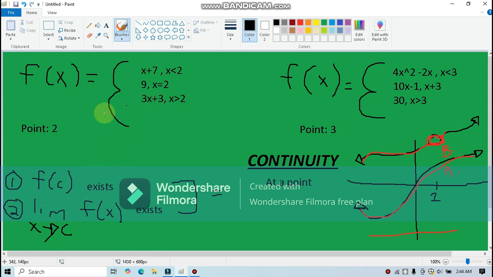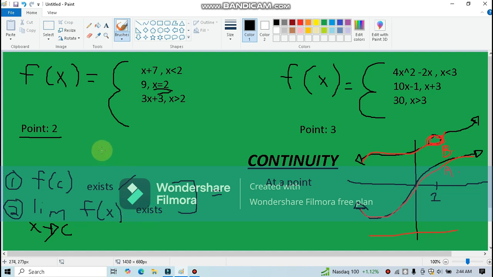As you can see here, we're going to see if point 2 is continuous. So let's go. Since x is equal to 2, therefore we can say that f of c exists. That's a check. Next, the limit as x approaches c must exist.